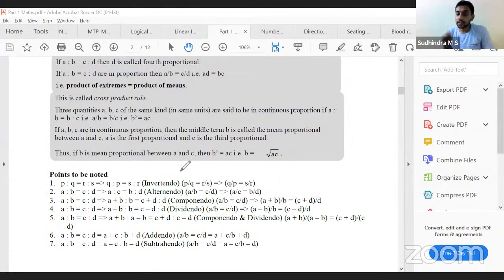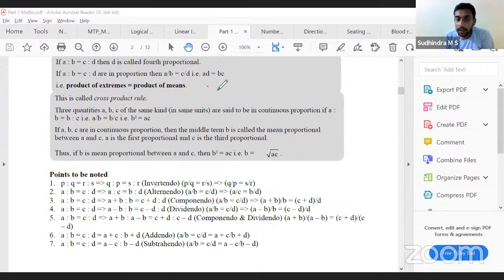Then componendo and dividendo. Simple. In each ratio, the first term would be componendo and the second term would be dividendo. What is the first ratio? A is to B. What would be its componendo?